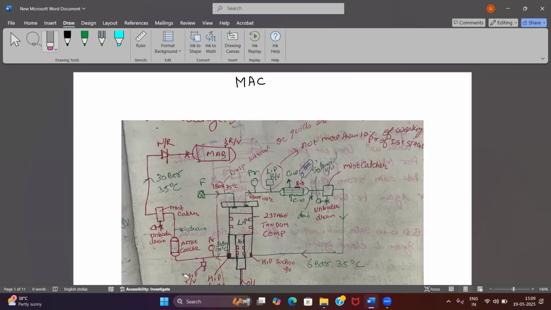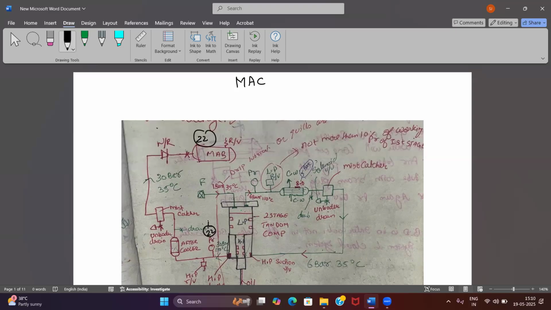In all compressors, whenever your air compressor starts and you see the pressure gauges, you will not see 30 bar on the discharge pressure gauge. It will show approximately the air bottle pressure. Suppose the air bottle pressure is 22 bar and your air compressor starts, so at the discharge also you will see 22 bar only.